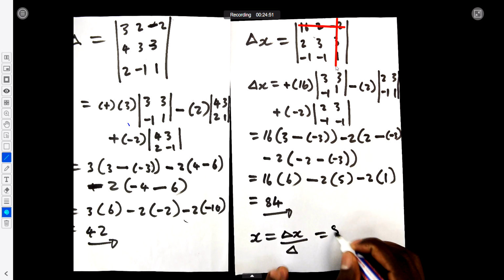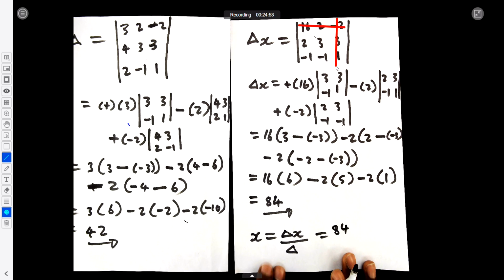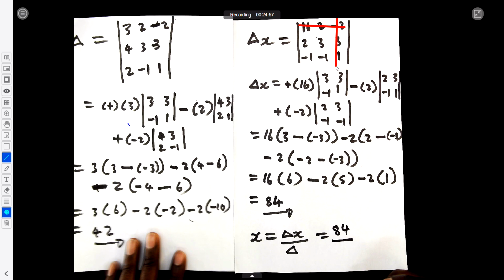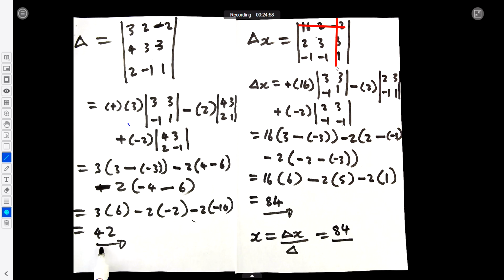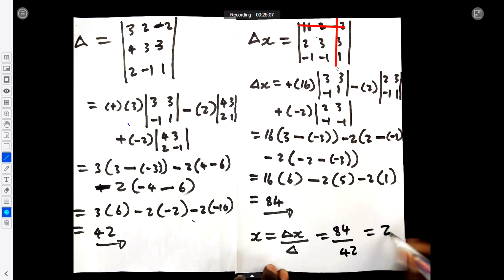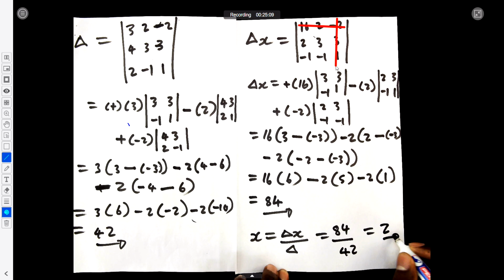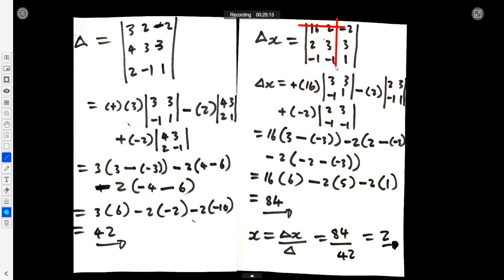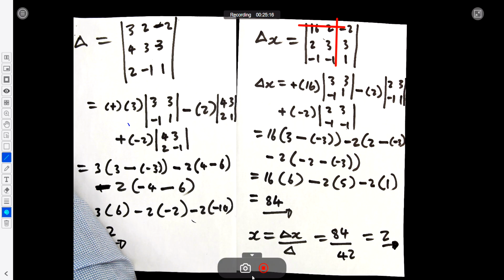So delta x we just calculated, which is 84. Then all divided by delta. Delta we calculated here, it's 42. Then we'll have the value of x. So the value of x is equals to 2.